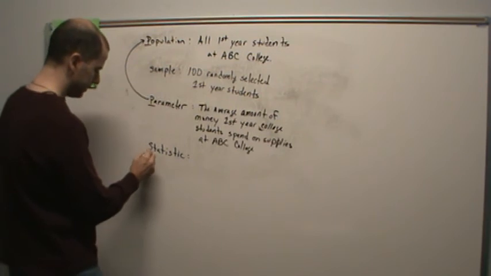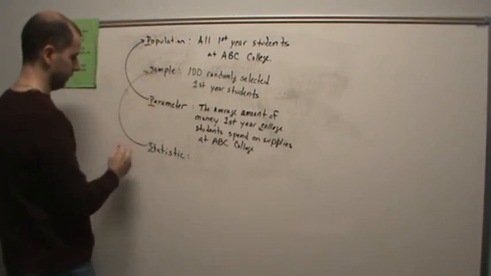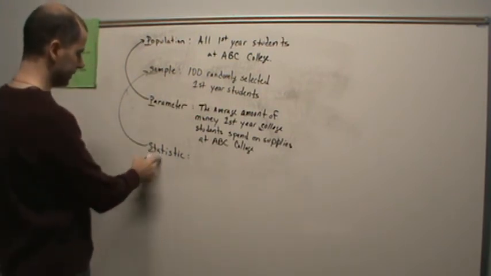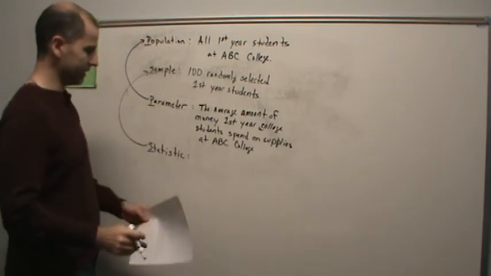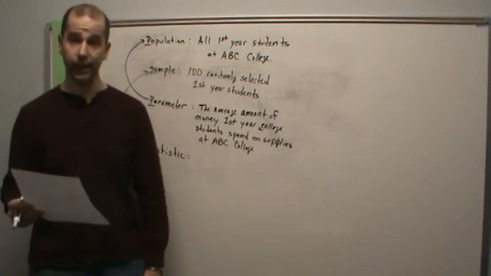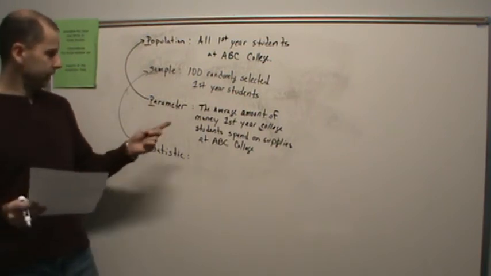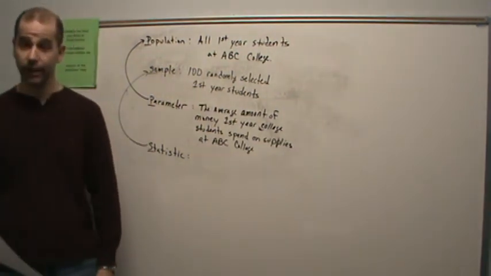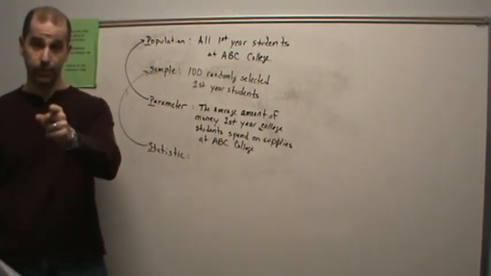So remember, S goes with S. That's another helpful mnemonic. So statistic is related to the definition of a parameter. Well, what's the statistic? It's the average amount of money first-year college students spent. Which first-year college students? The 100 college students that were sampled.